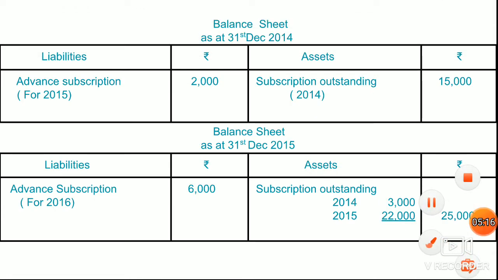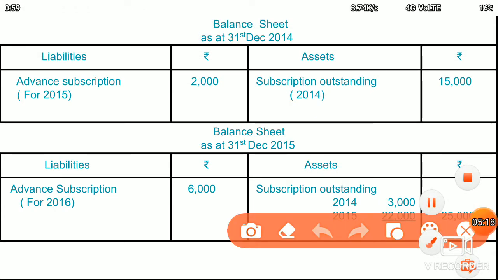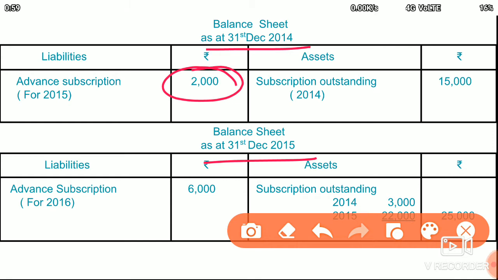If we have to show this information of subscription in our balance sheet, if we are preparing the balance sheet of 2 years, that is for the previous year and the current year, then in the previous year we should understand that subscription is an income, so advance income is always a liability and outstanding income is an asset. So here we have 2,000 rupees in the previous year's balance sheet.